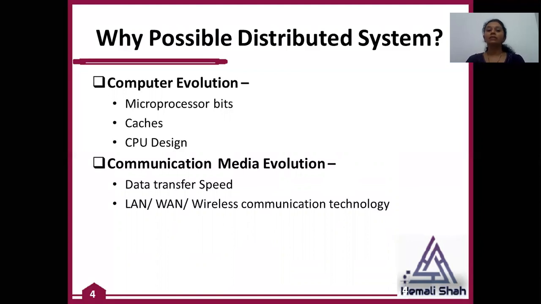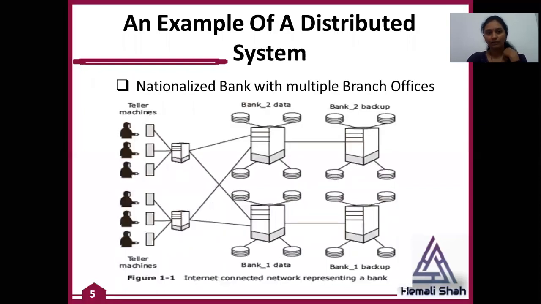Because of the evolution in data transfer speed and in LAN, WAN and wireless communication technology, we are able to create distributed systems. So these two are the basic reasons why we can create distributed systems currently.